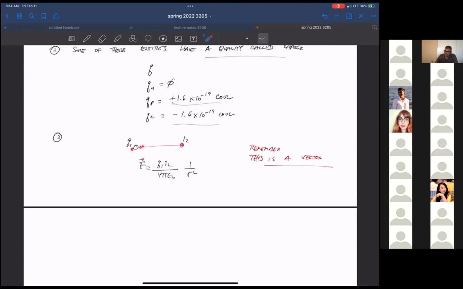They're either attracting each other or repelling each other. So you also have to remember when you write a force down who is working on what. For example, the notation here is that this is the force on 2 by 1, okay, with our notation. And then you put a direction for this vector. I'm just going to call it E sub r, which is a unit vector pointing from 1 to 2. I'm just going to define it like that right now.